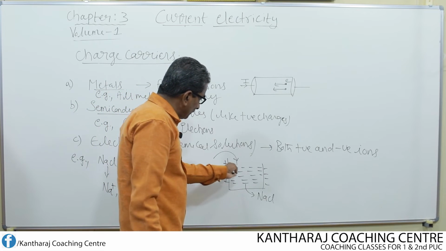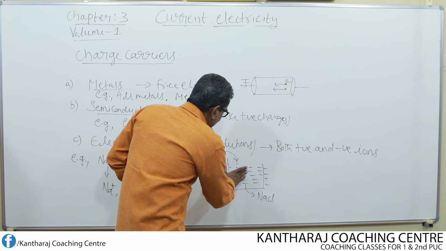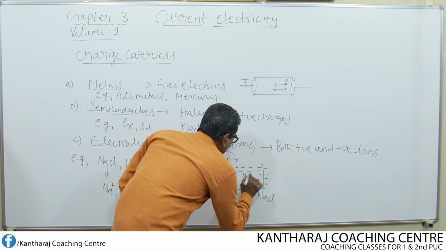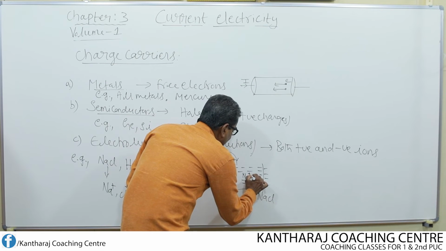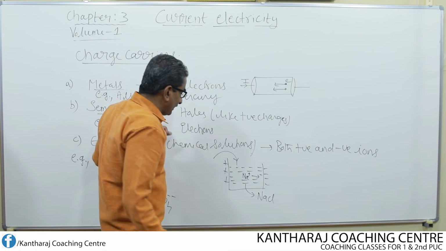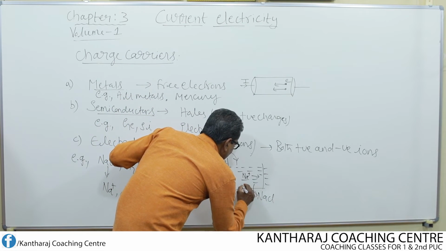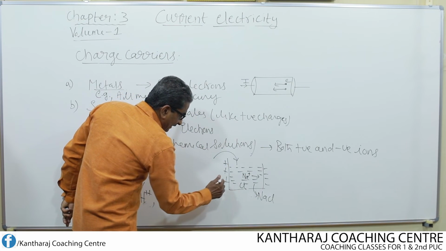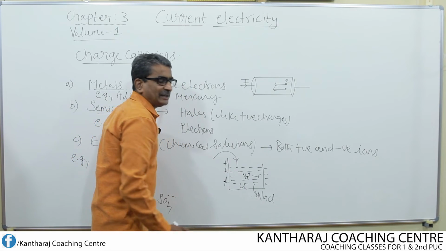Now positive ions will move in one direction, negative ions will move in the opposite direction. Sodium, the positive ion, moves towards this side, whereas chlorine, which is the negative ion, moves the opposite way, towards the positive side, whereas sodium moves toward the negative side.